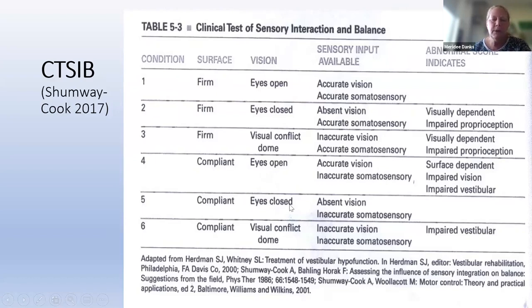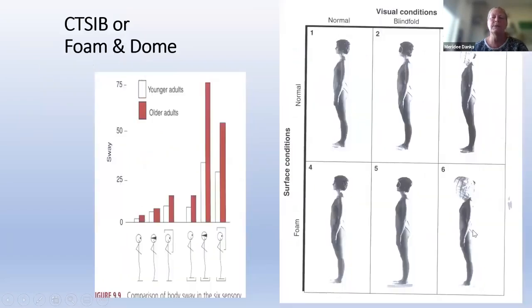In condition 5, they close their eyes, they don't have their vision, they're on foam, so they don't really know how their feet are adjusting to the ground. And so it's very much a vestibular assessment. And in 6, their eyes aren't closed, but they have a dome over their head, so they can't reference the environment. So again, looking at the vestibular system.